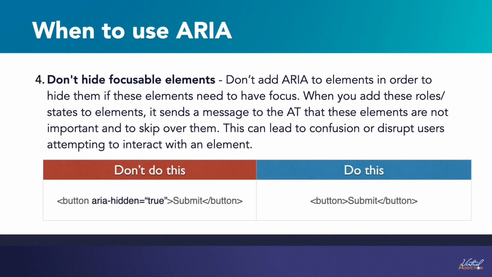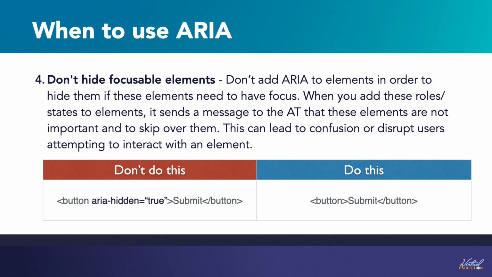You never want to hide focusable elements. So we want to avoid using ARIA attributes such as role equals presentation or ARIA-hidden equals true to elements that need to have focus, including elements that have the tab index of 0.